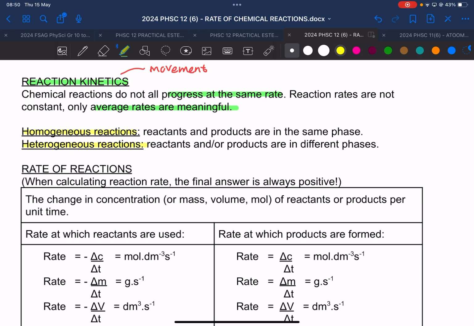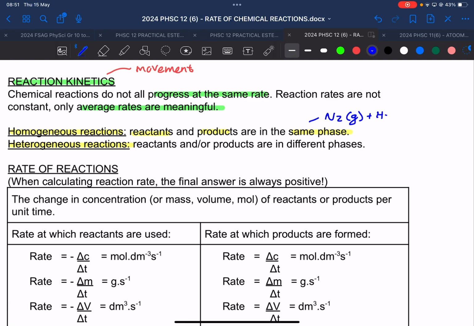Okay, so a homogeneous reaction is where the reactants and products are all in the same phase. And most of the time that is gases. For example, if you had nitrogen gas reacts with hydrogen gas to give you ammonia gas. That is a homogeneous reaction.